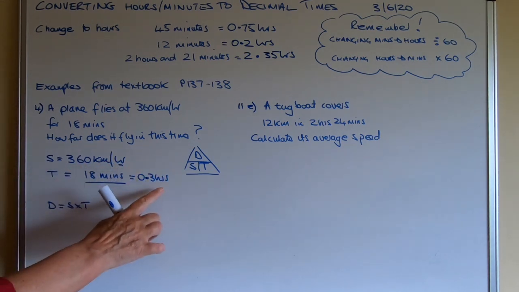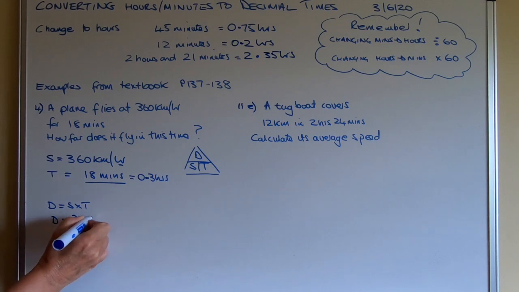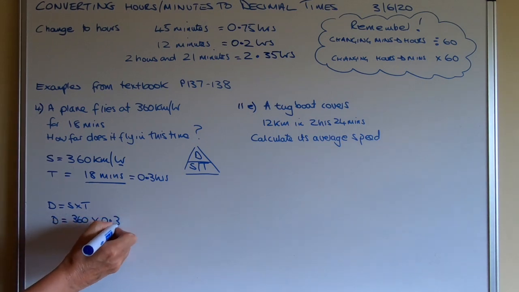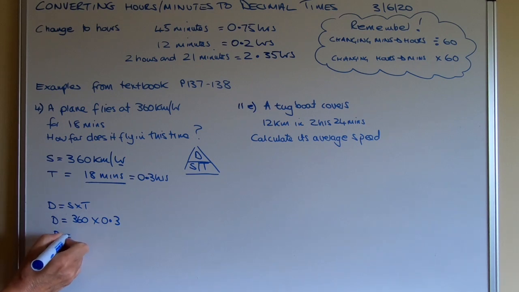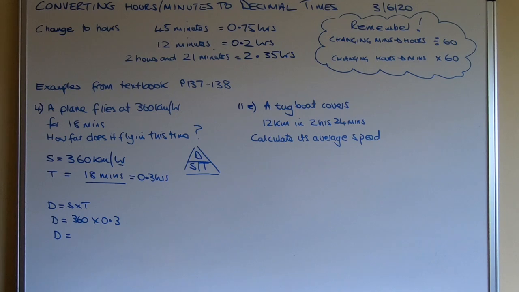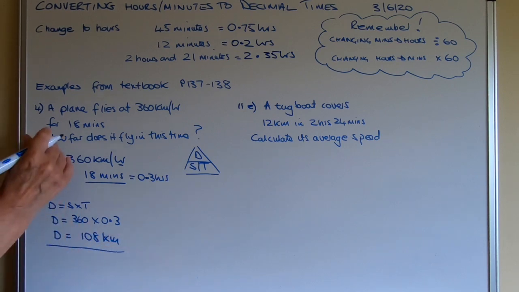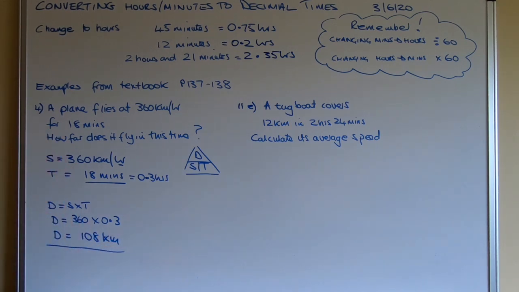So we've got it now in hours. We can go ahead. Our 3 lines of working: distance equals speed times time. Distance equals 360 times 0.3. Now it's kilometres per hour, so our distance is in kilometres. So that would be 108 kilometres. So exactly the same as before. Write down what we have, what it is we're being asked to calculate, and check your units.